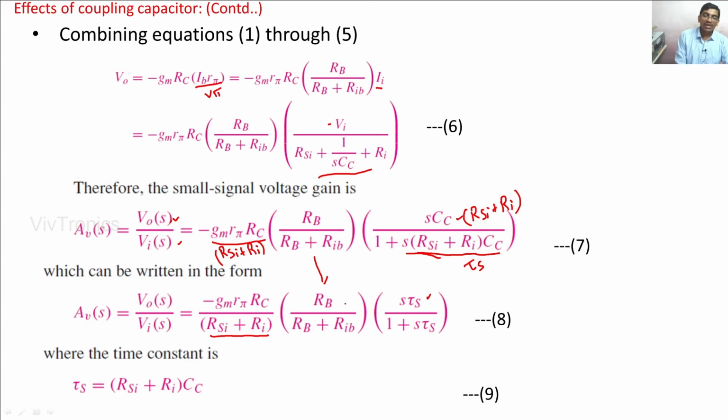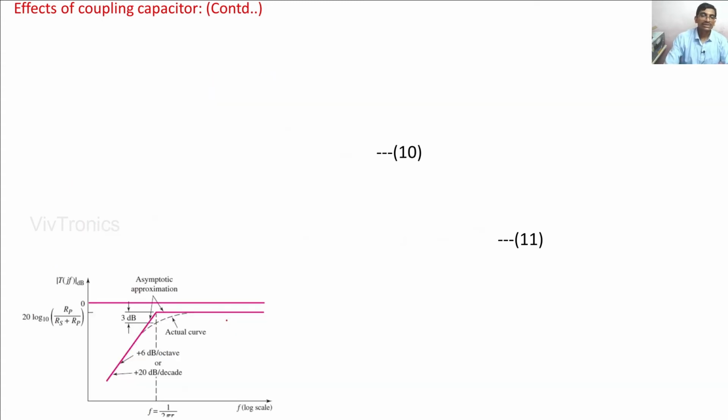Therefore, the time constant of this input coupling capacitor circuit is tau S, equal to RSI plus RI into Cc, which was taken as equation number 9. This is a very important equation, and we already derived it in the last videos.